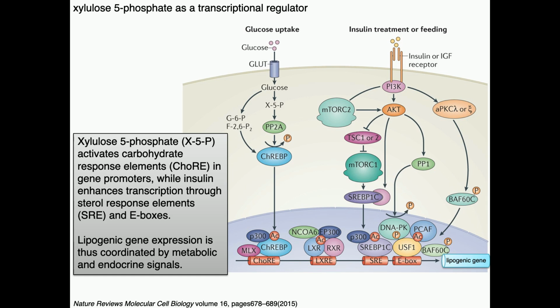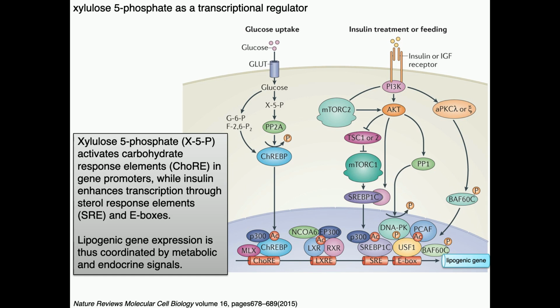Insulin receptor signaling acts in concert to increase their transcription as well. Some of this is familiar: phosphatidylinositol 3 kinase and AKT and protein phosphatase 1. Did you do translation and AKT control of translation through mTOR? Okay, anyways, don't worry about that.